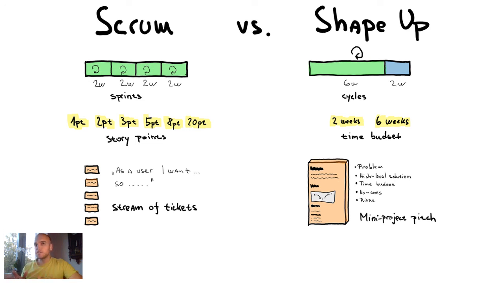And after the 6 weeks, let's have 2 weeks of what they call a cooldown period, which is a period where people can tackle small things, maybe technical debt, maybe research some new technologies, or discuss upcoming features. The goal here is that in a sprint, you are always sprinting, and it's really exhausting if you don't have any time to relax.